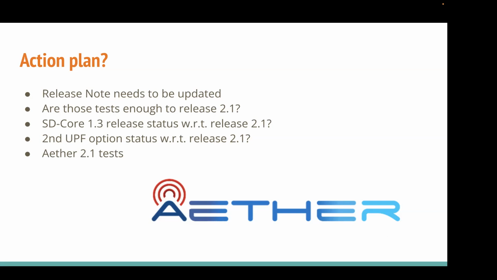Is this something we'd be comfortable just release noting and saying this intermittent failure can occur specifically with OAI SIM? I think that error is not a consistent error. Sometimes it gets IP, sometimes it doesn't get IP.